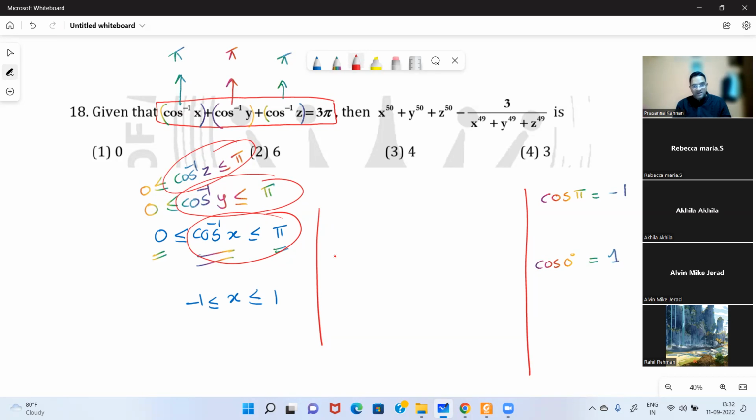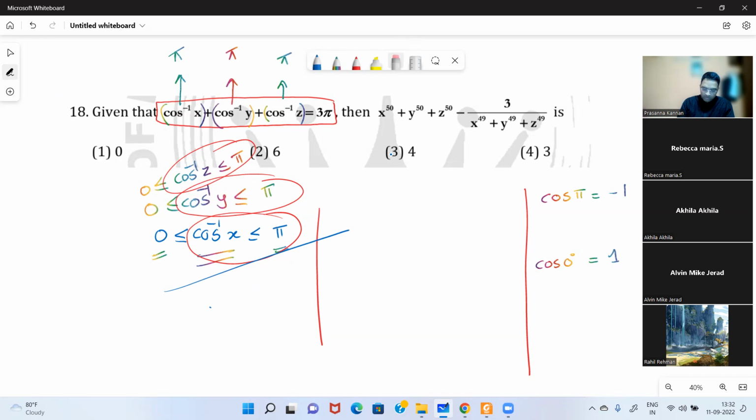But when you add these three things together, cos inverse x plus cos inverse y plus cos inverse z, the answer will be what? Less than or equal to 3 pi, correct or not?